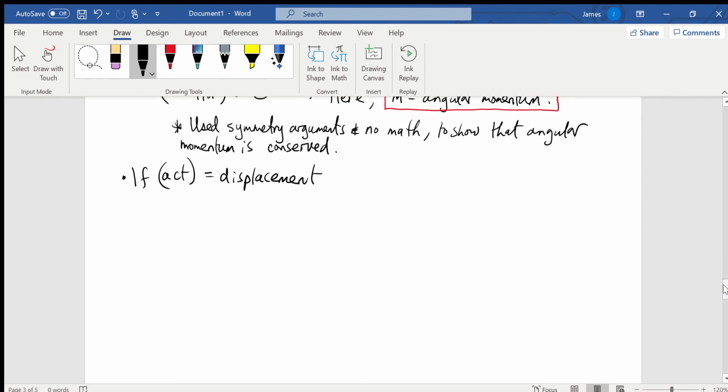Anyway, so let's say the act in this case is displacement. Then let's try and write it the same way I've written the one above.